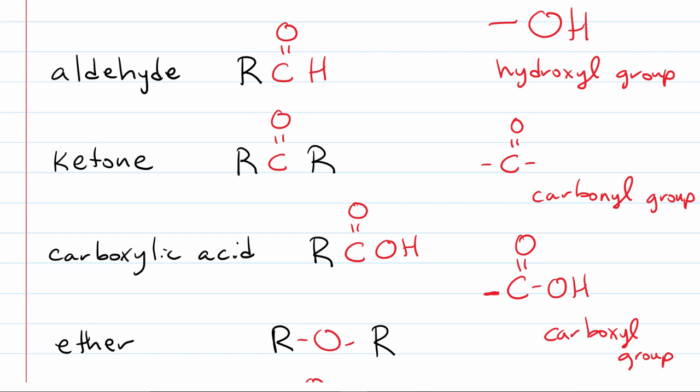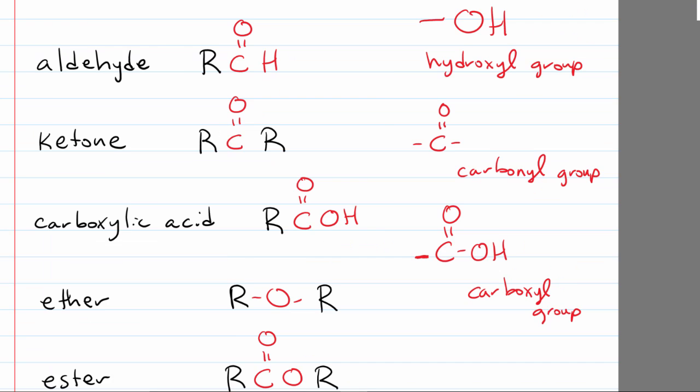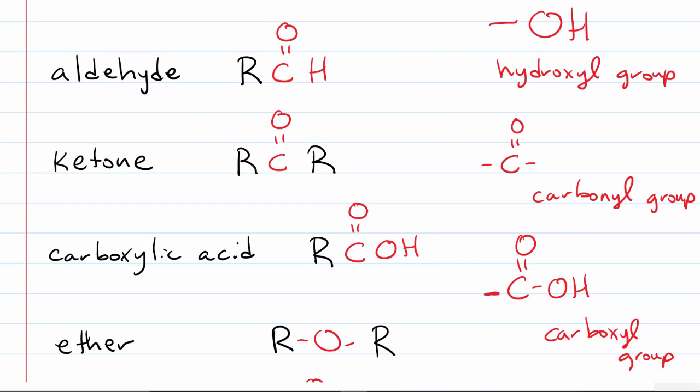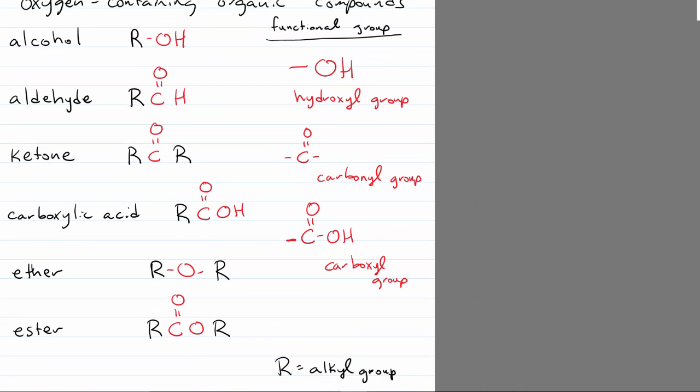So now, what we have up here is a number of different molecules. And I'd like for you to look very carefully at these molecules and determine what category they belong to. So look at those general formulas. I'm going to zoom out here just a bit so you can see all of them on the screen. There we go.